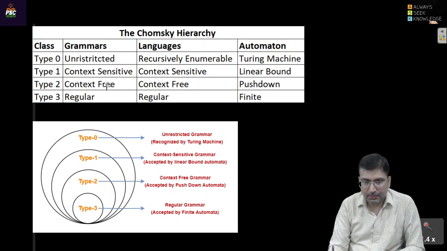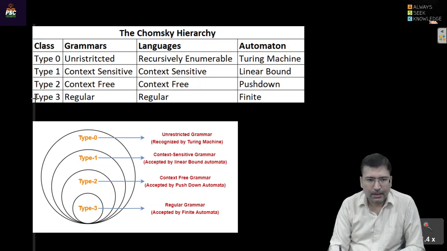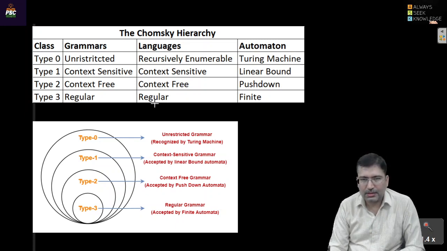This is a very important type of grammar for this subject, and we will discuss it in detail. Such languages are considered context free languages, and they use pushdown automata. Then type 3 languages use regular grammar, and such languages are considered regular, and are accepted or generated by finite state automata.